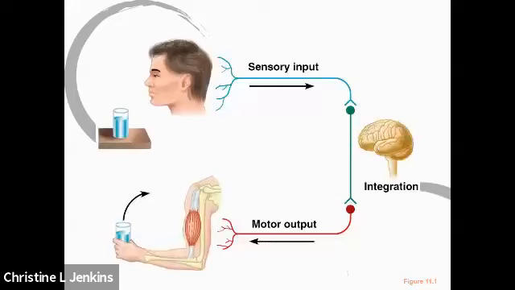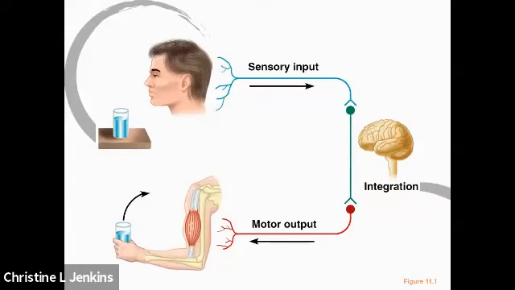I don't know why the Merriam textbook chooses the most lame example. Is this not the most lame example? There's a dude looking at a glass of water, and he's thinking, that water looks good. So the sensory input is visual, he's seeing the glass of water.